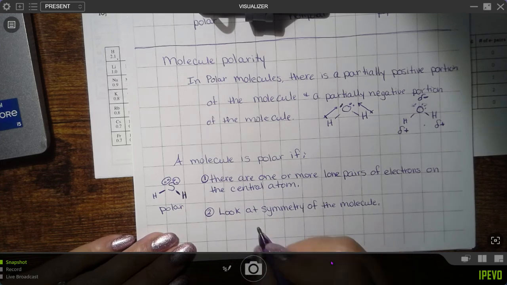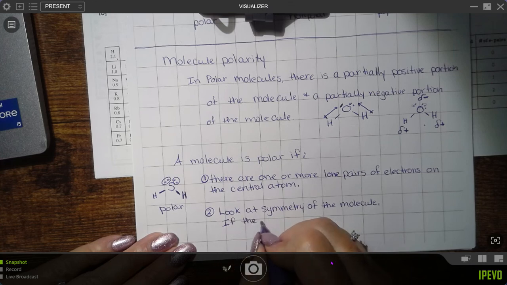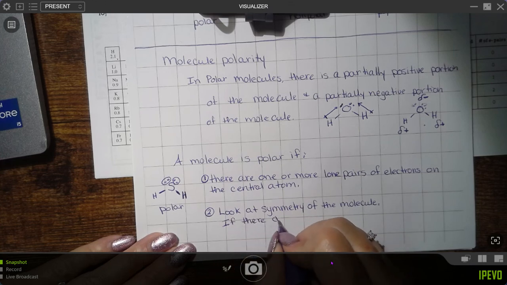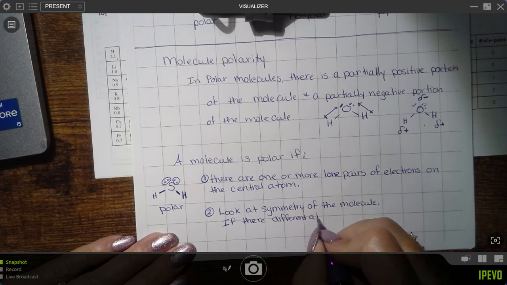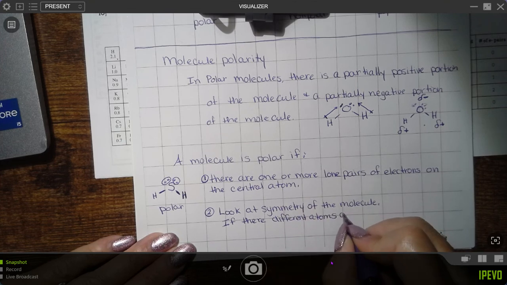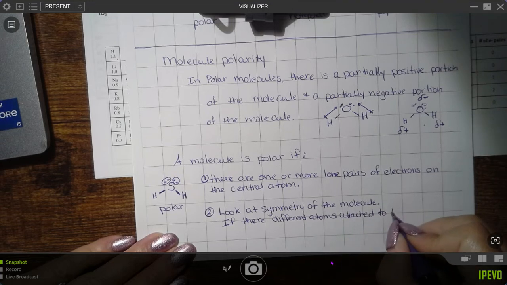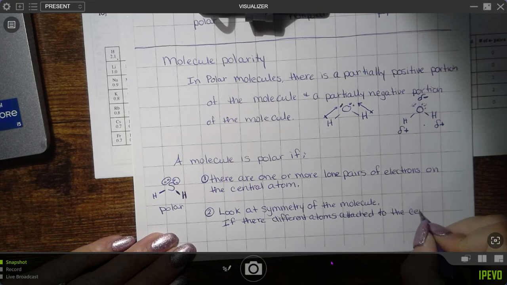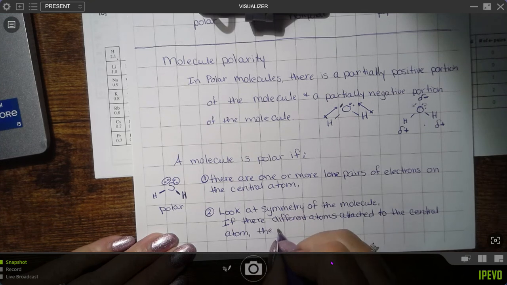If there are different atoms attached to the central atom, the molecule is polar.